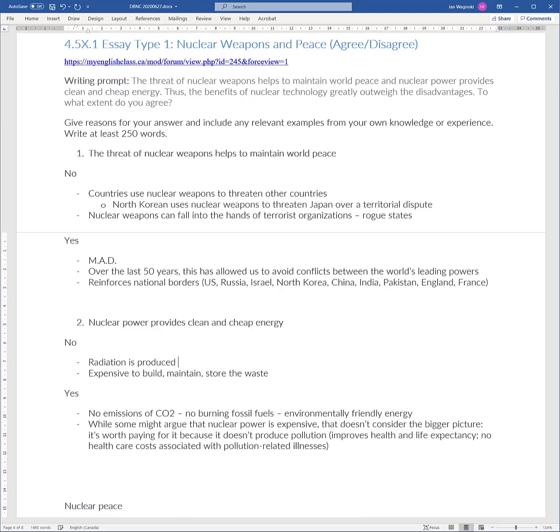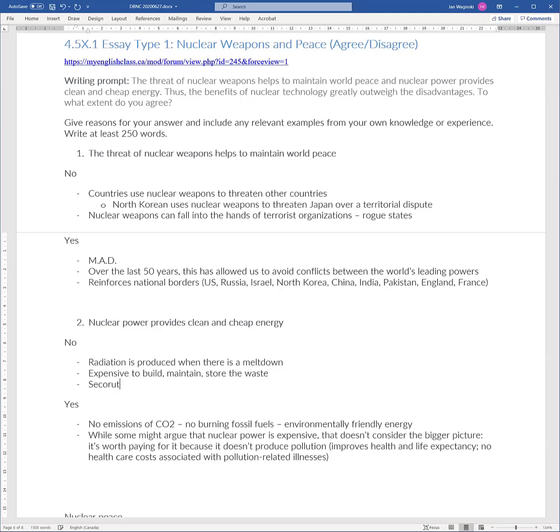Security threat. I think if this station will explode, something will happen. And their effect is widespread. I mean, it's not limited to one. So it may kill hundreds of people.